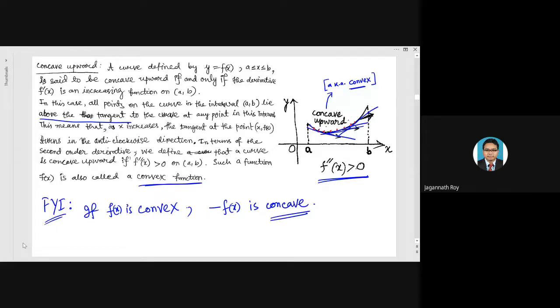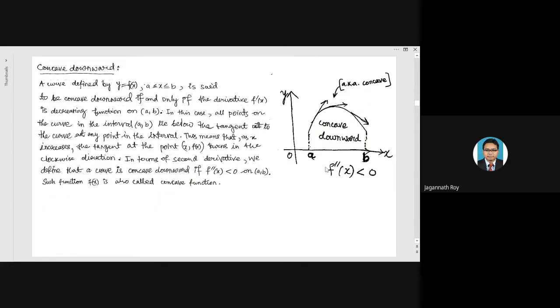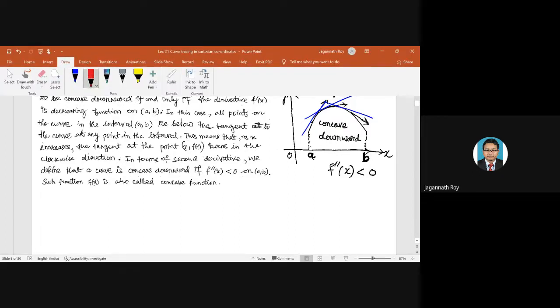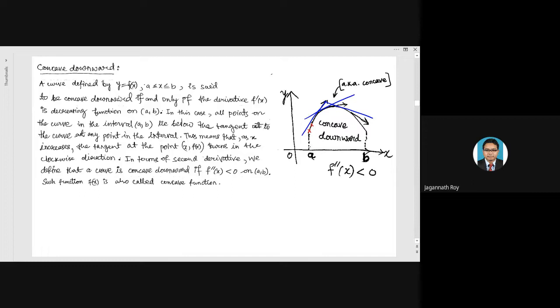Here we are trying to define any curve in terms of whether it is concave upward or concave downward. So for concave downward, if you plot the tangent at any given point, then you can see the points on the graph are always below the tangent line.